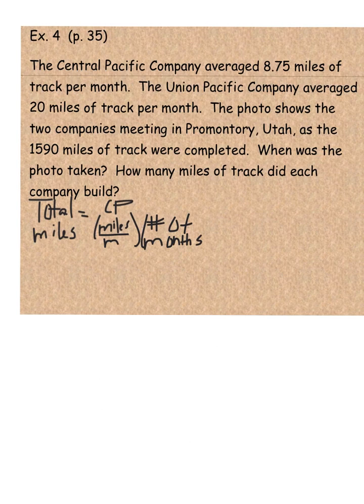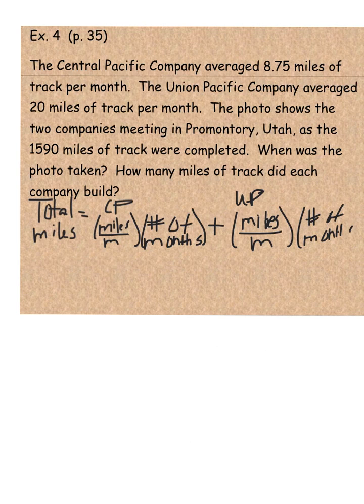And we're going to add our other company, the Union Pacific Company. Same information, the miles that they covered per month times the number of months. So we'll fill in this information. So our total miles was 1,590.